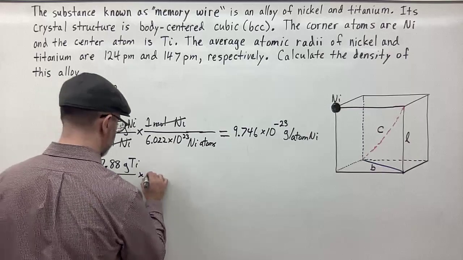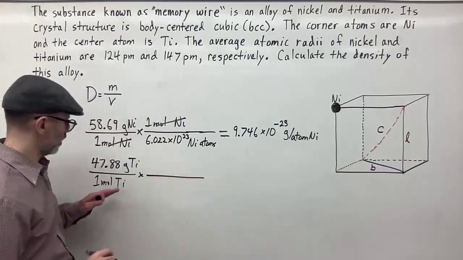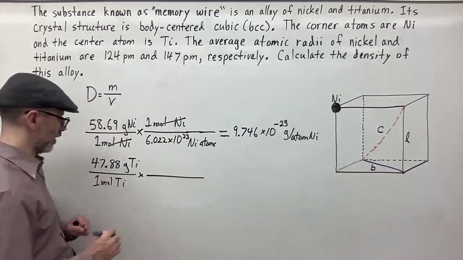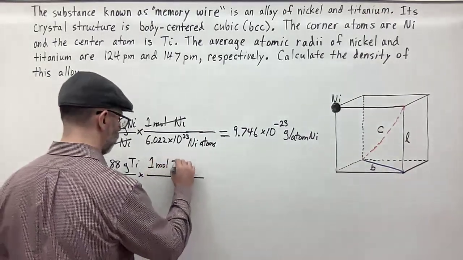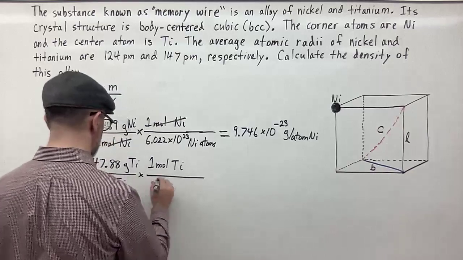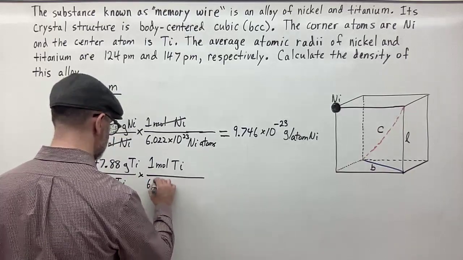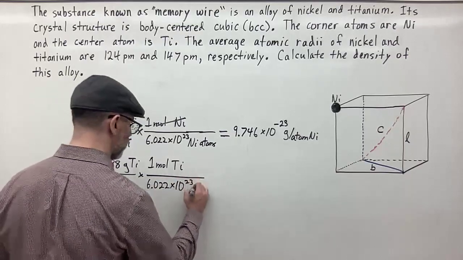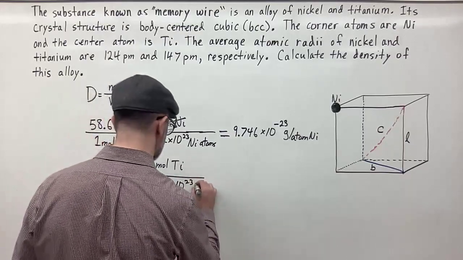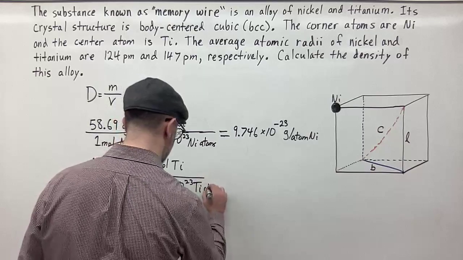And then, again using Avogadro's number, I'm going to convert moles to atoms. So again, 1 mole of titanium on the top, 6.022 times 10 to the 23rd titanium atoms.